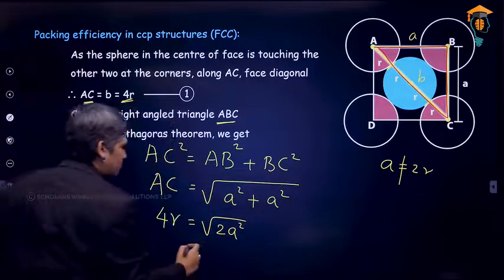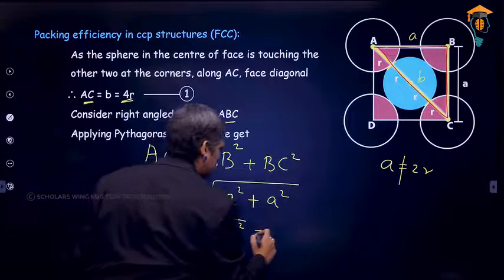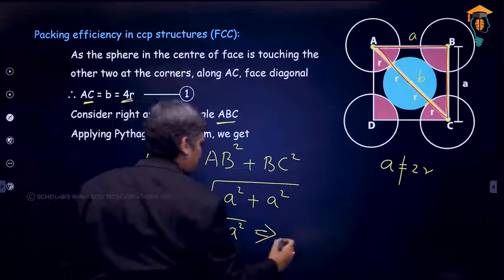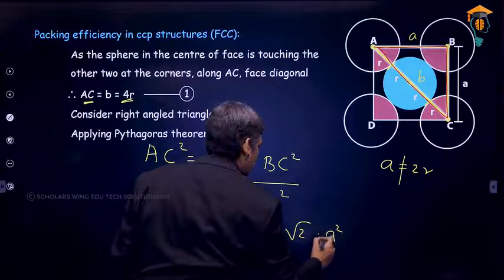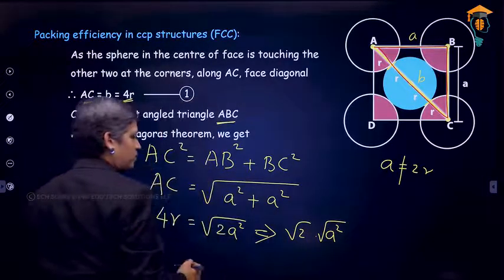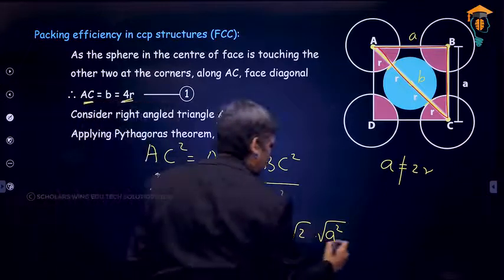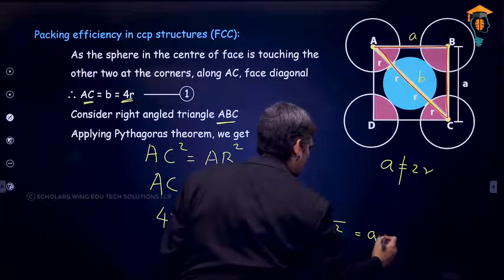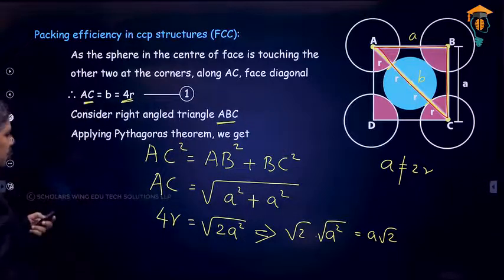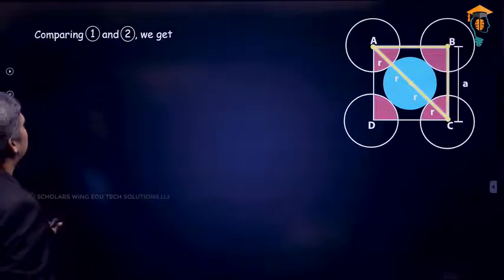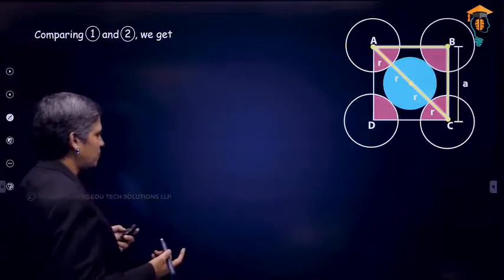Are you clear? Now, this implies that root 2 into square root of A square. What is square root of A square? A. So, in other words, it's equal to A root 2. What is that? 4R. Remember that, okay? So, we can call that equation 2, in fact.